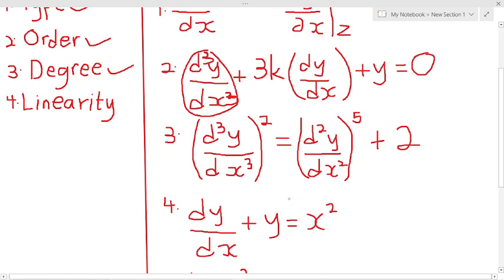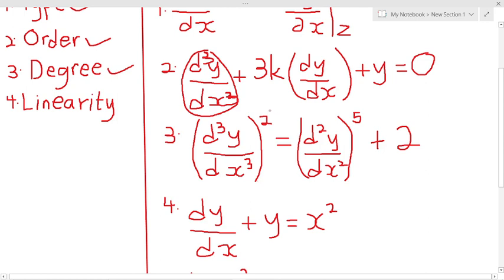But that doesn't make the degree of this equation 5, because we've already established that the order of the equation here is 3 because of the d³y/dx³.